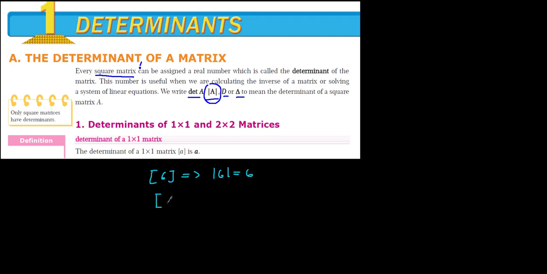Or if your matrix is [-3], this is a 1 by 1 matrix and the matrix entry is -3, so the determinant is again -3. The sign I use is the absolute value sign, but we are not getting the absolute value of the expression. You need to know that also.